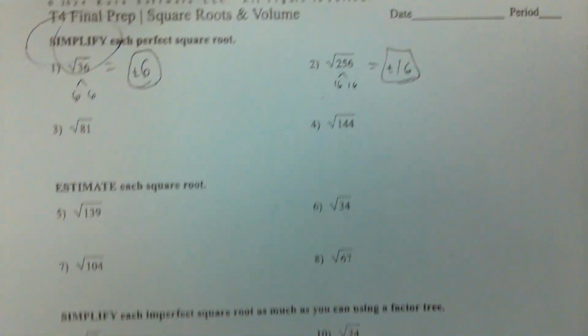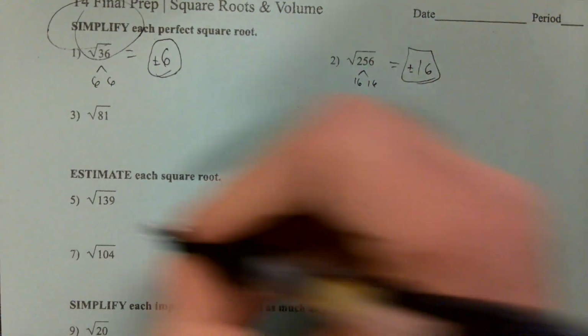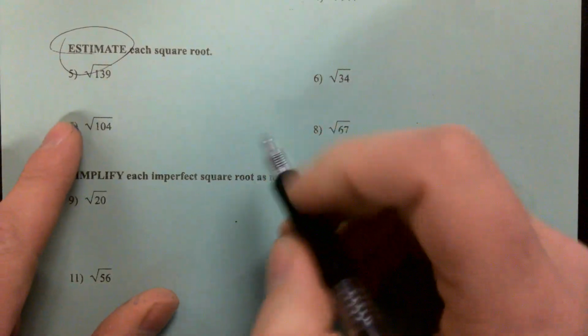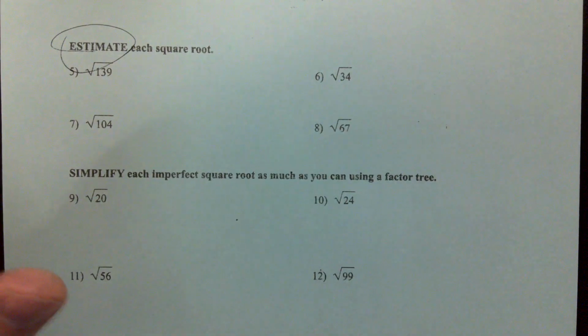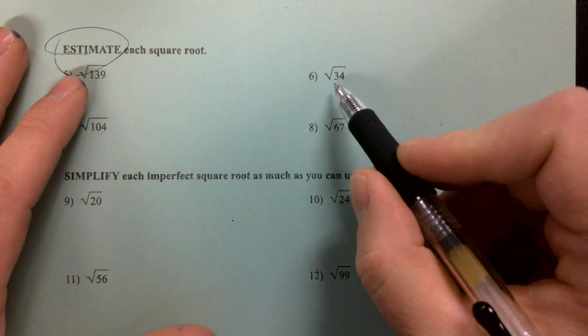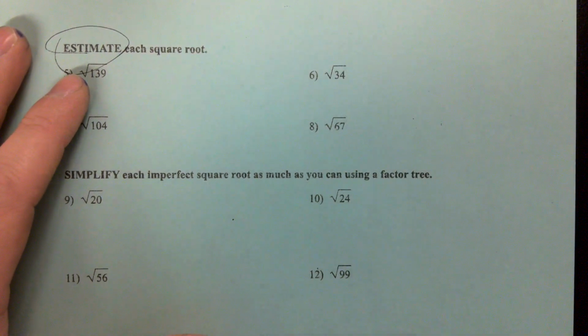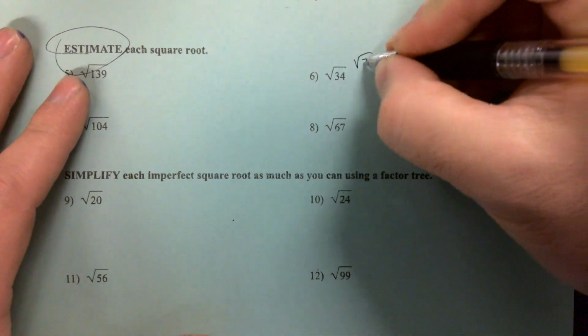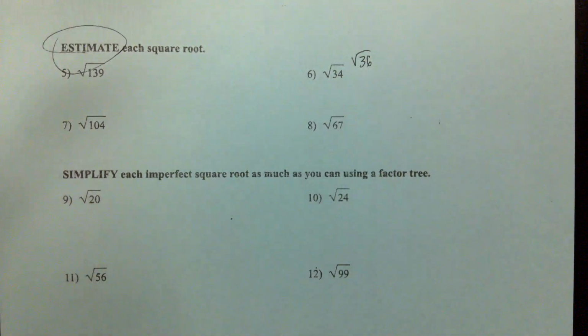Now keep in mind that says simplify, right? What does the next section say to do? Estimate. So if we're estimating, we're figuring out which perfect squares this number falls in between. Exactly. So 34, when I see the number 34, my brain immediately thinks of 36, which is a perfect square. Now 36 is slightly more than 34.